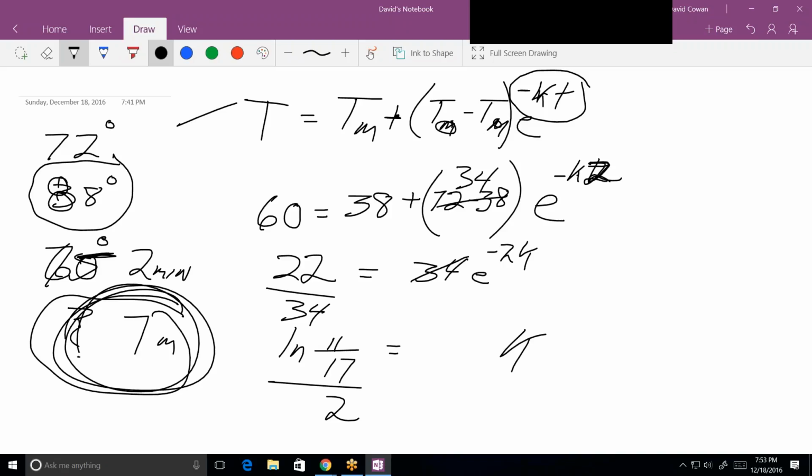Well, in our problem, t would still be equal to all of that, only now up here we're going to put in a negative natural log of 11 over 17, divided by 2, times 7.